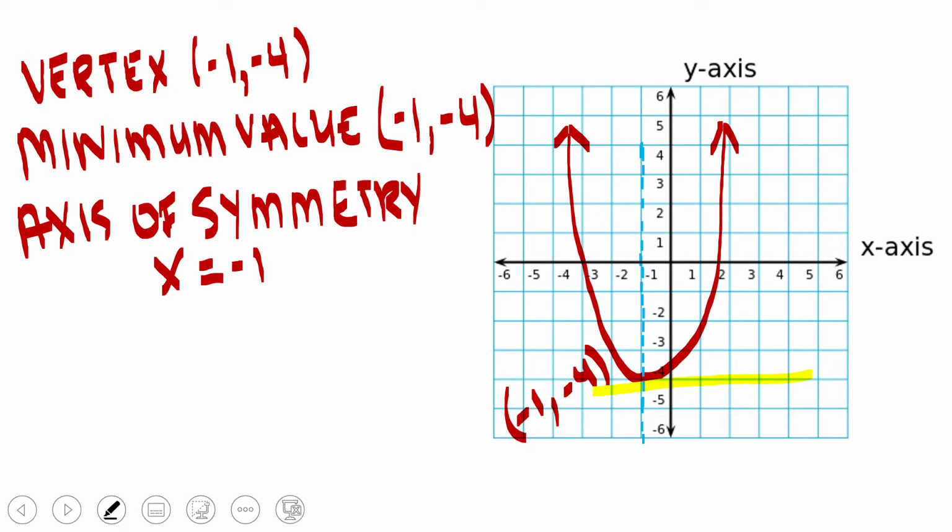We'll be asked for domain and range. Domain are all of the x's.